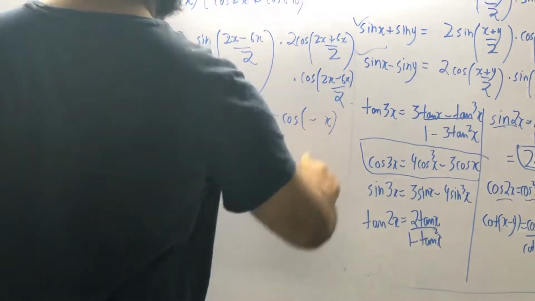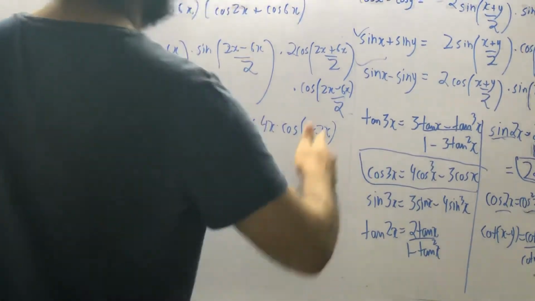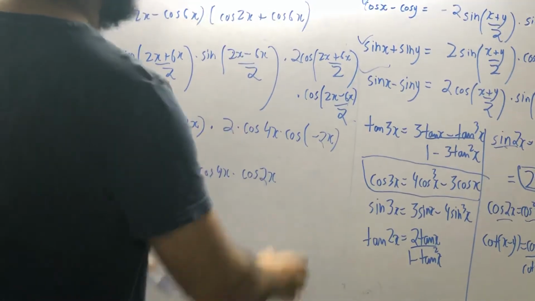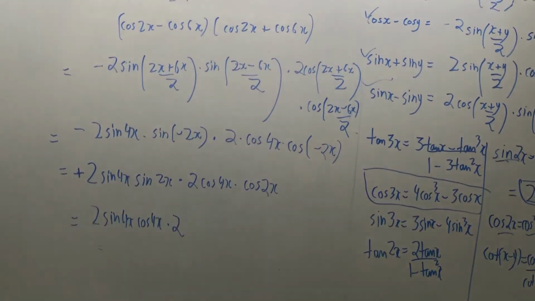Okay, just a little bit of rearrangement required. Sorry, this is 2x minus 4x upon 2 is minus 2x. So this will be 2x, and cos of minus theta is cos theta.